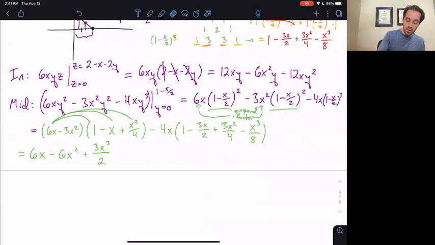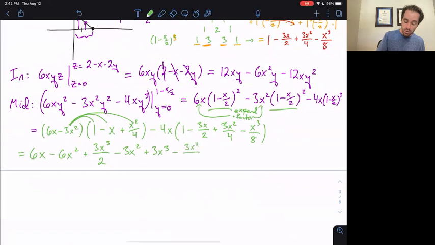So all of those have been done now. Minus 3x squared plus 3x to the third and minus 3x to the fourth over 4. Those are done. Okay, so now we handle all of these.